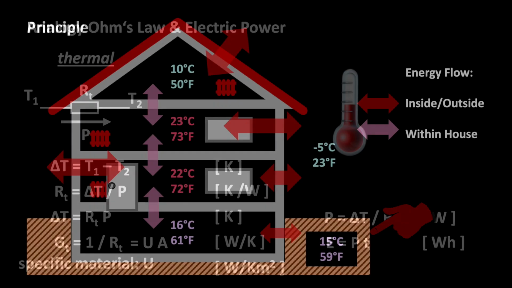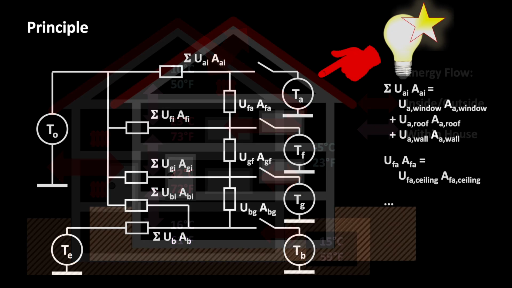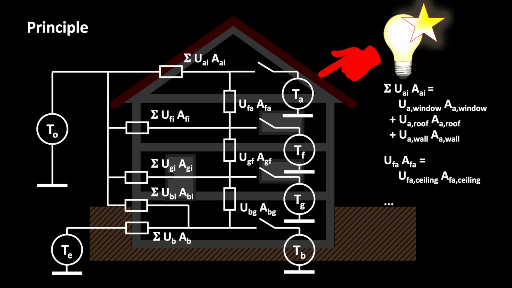But now we have another problem. Of course, a house does not just consist of a wall or just a window. In fact, there are several interfaces to the outside, other floors, and to the earth ground. There are walls, windows, doors, the roof and false ceilings. And of course, they all have different thermal resistances. In electrical engineering, this corresponds to a network of resistors, exactly like in this equivalent circuit diagram.